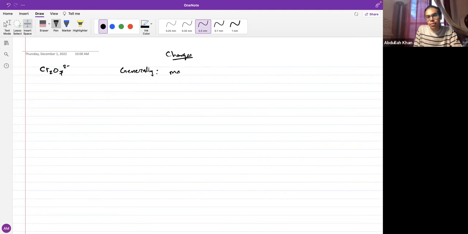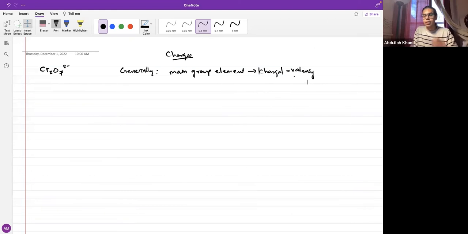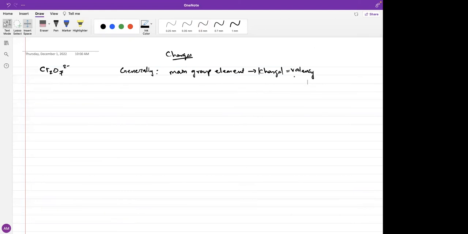If it's a main group element, then you can figure out what its charge is based on its valency. So the magnitude of the charge is just going to be given by its valency, which, remember, is the smaller of the group number and 8 minus the group number.